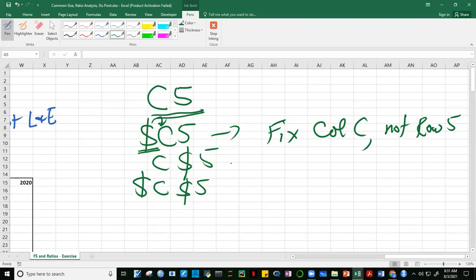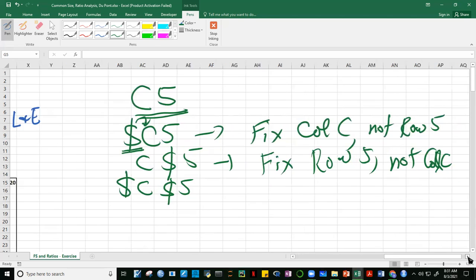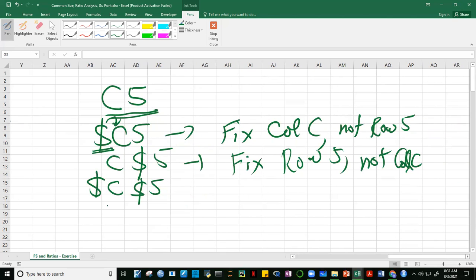On the other hand, here, if we fix row 5, not column C, then row 5 is fixed but not column C. And here, we fix column C and fix row 5.